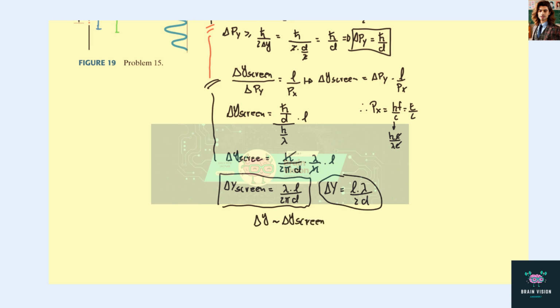So what does it mean? So the expected distance between a maximum and a minimum is given by L times lambda divided by 2 times d. But on the other hand, the spread of those electrons is given by lambda times L divided by 2 times pi times d. This is only a little smaller than the other result for delta y.